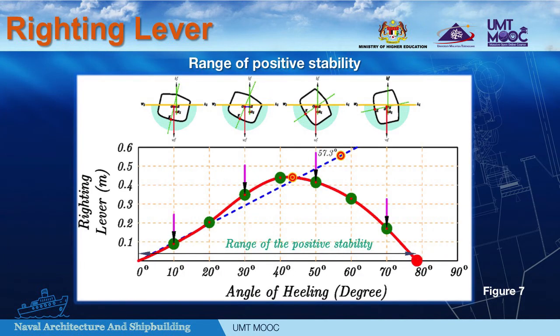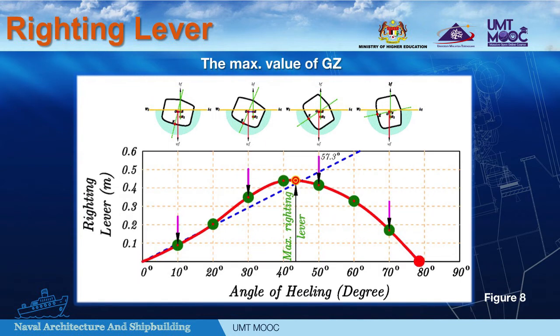In this slide, through the GZ curve, several pieces of information related to the ship stability performance can be obtained as follows. One of them is the range of positive stability as shown in figure 7. It is given from 0 degrees up to about 80 degrees.